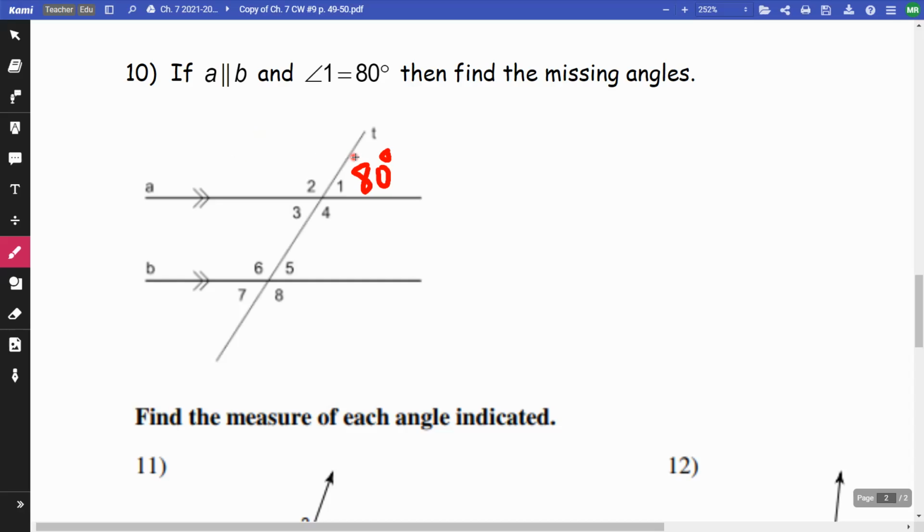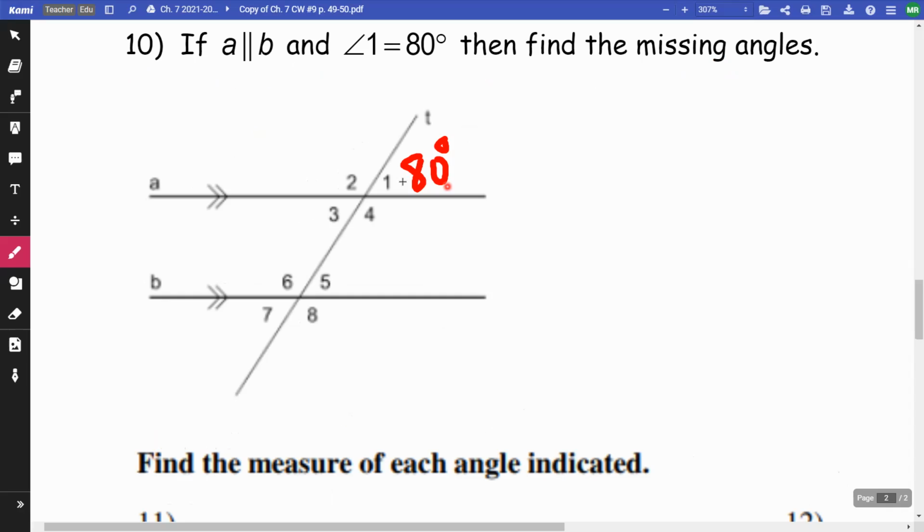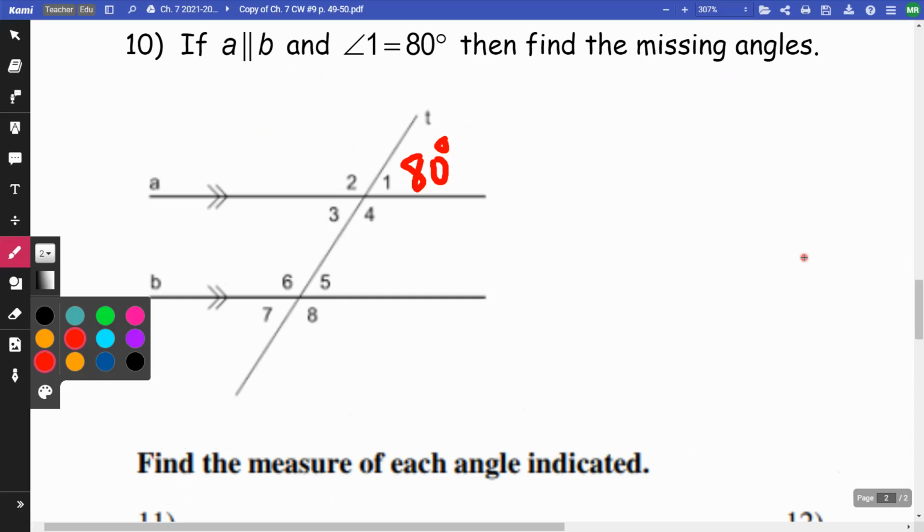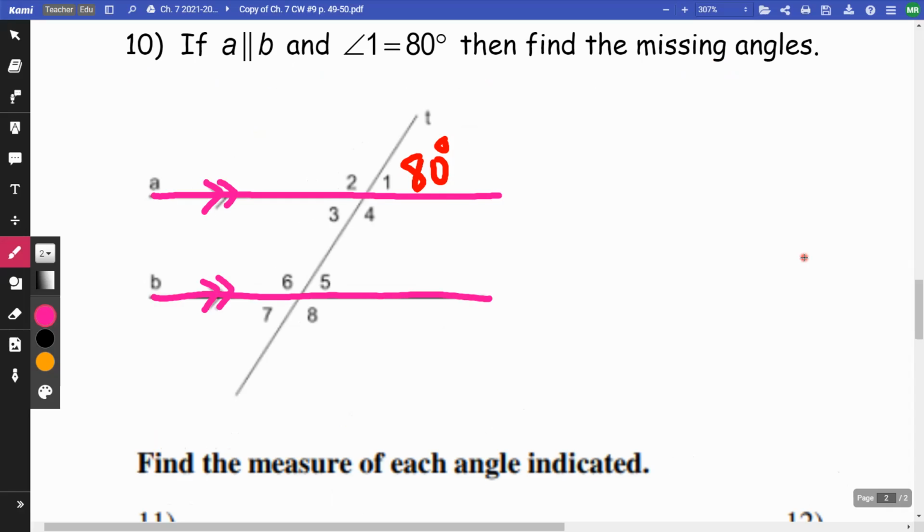So we're going to use those ideas we just learned on this next page. They're telling us that angle 1 is 80 degrees. And again, we have parallel lines cut by a transversal.